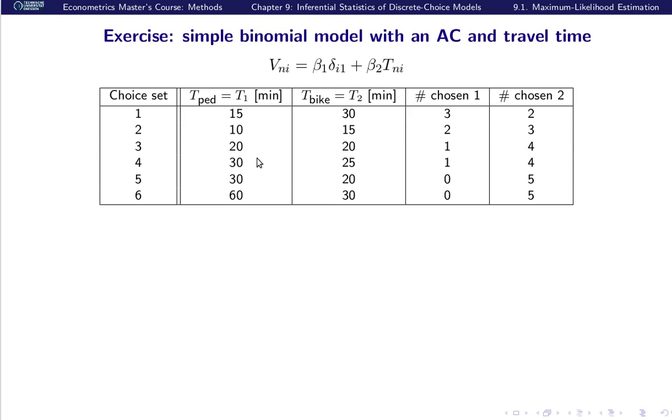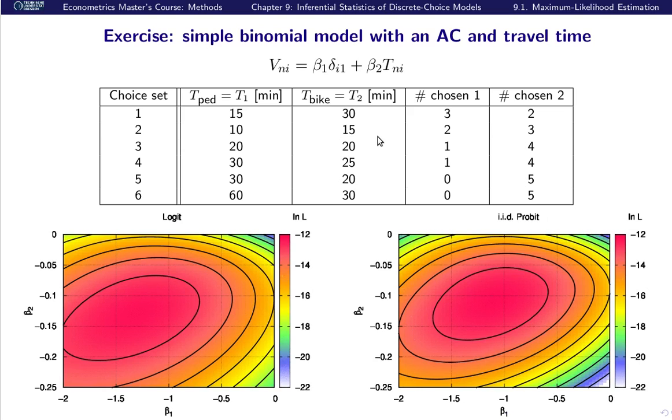And these are the data. The data are not from any real experiment, I just invented them. So they are basically stated choice data. Because we have only two parameters, we can just plot the log likelihood directly, graphically, because it's just a function of two variables, beta 1 and beta 2.